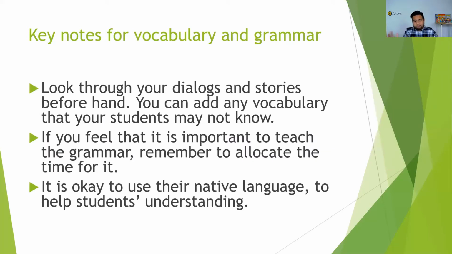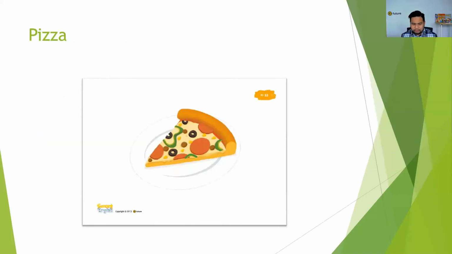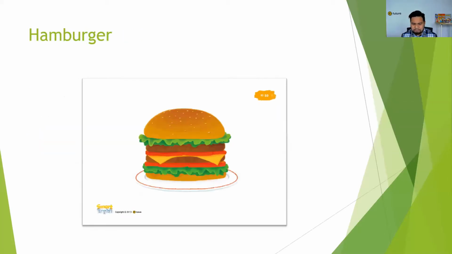And another thing, if you feel like using their native language, their L1, is important, go ahead and go for it. A lot of times when I introduced the sentences and the vocabulary, I used Korean with the students. A lot of the food here in Korean would be the same.